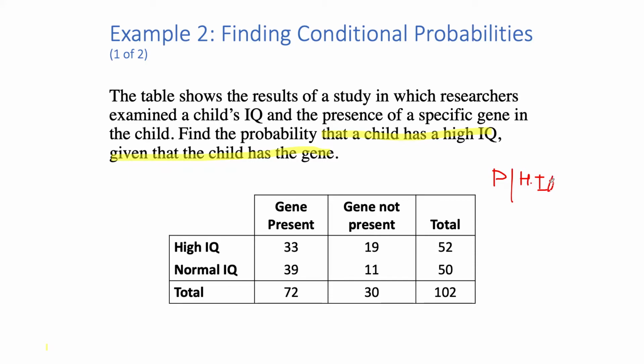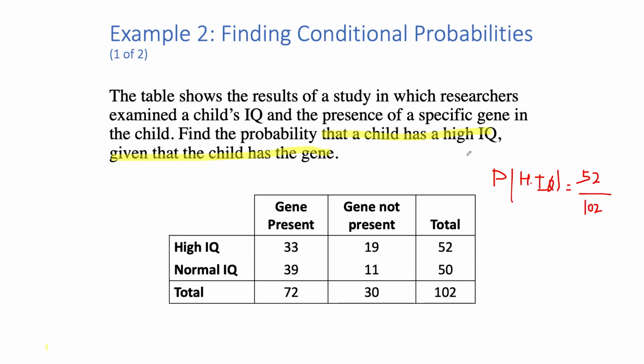Okay, there's 102 children in my sample, of whom, if I want to ask the question, how many of them have high IQ? There's 52 of them who have high IQ. Right? The probability here would be 52 over 102 if I didn't condition it on anything.